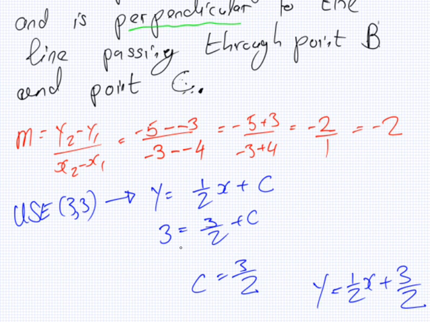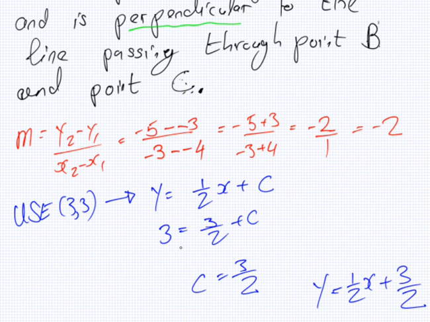Okay, so we have y equals 5 over 7x plus c. And now I need to use the point 1, 9. So if I use 1, 9, I can get the c. 9 equals 5 over 7 plus c.